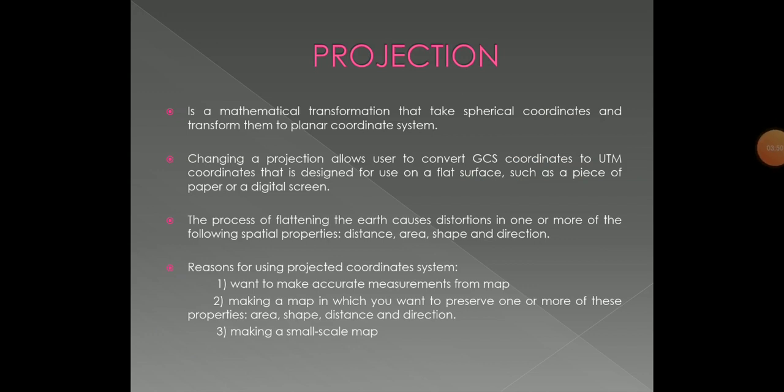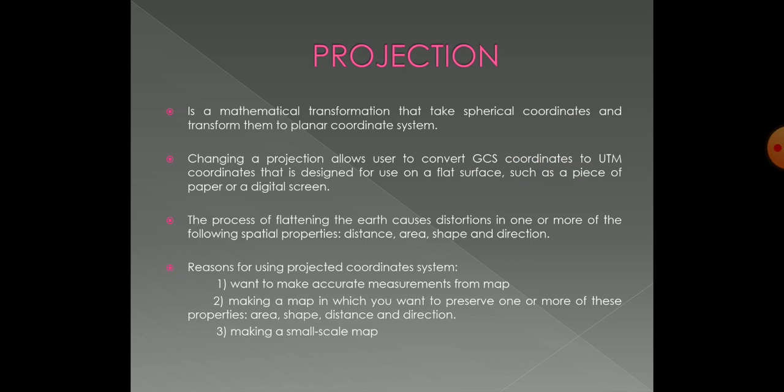Alright, next is projection. Projection is the technique of transforming a spherical surface to a flat map with minimum distortion. It is a mathematical transformation that takes spherical coordinates and transforms them to a planar coordinate system.